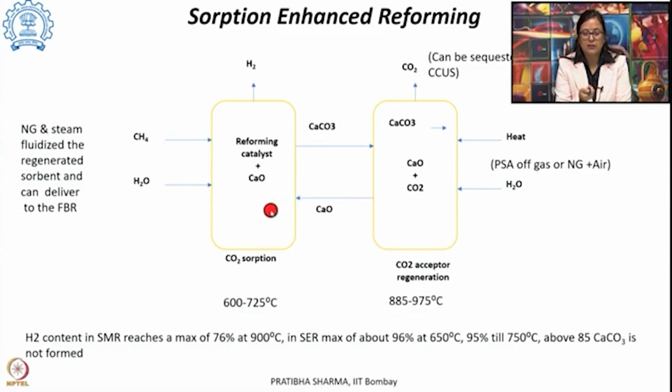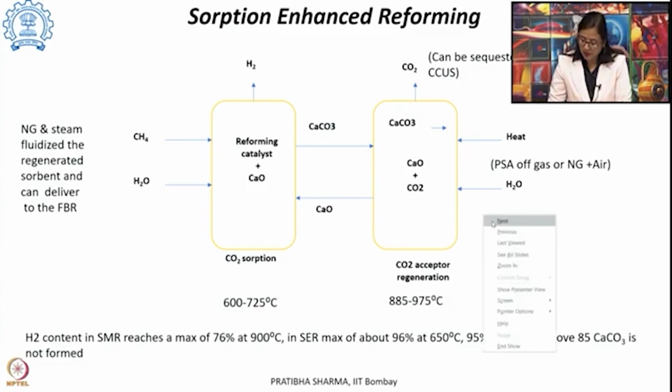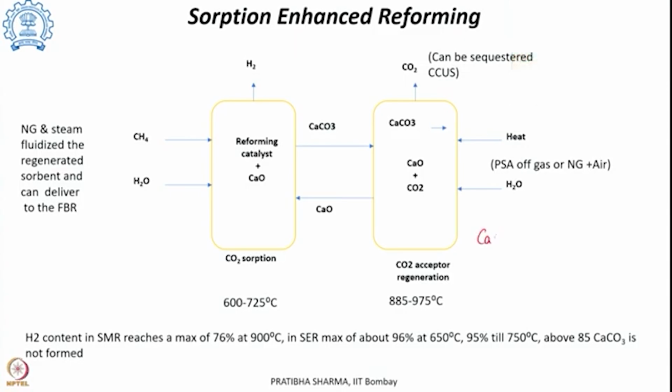Most of that carbon dioxide is taken up by the sorbent and converted into calcium carbonate. So, the reaction that occurs is calcium oxide reacts with carbon dioxide giving calcium carbonate.